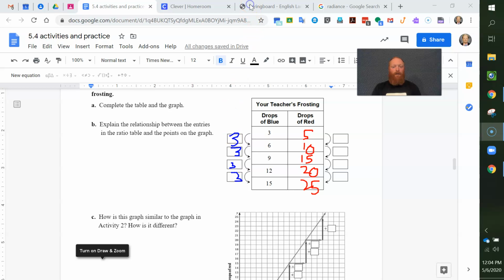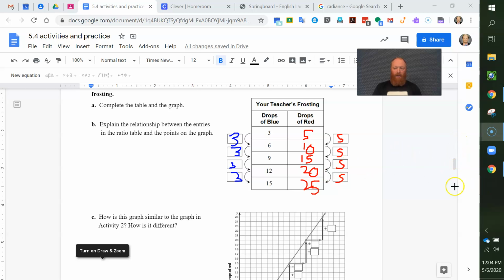Switch back to red. Come on now. And we do 5, 5, 5, and 5. Okay.